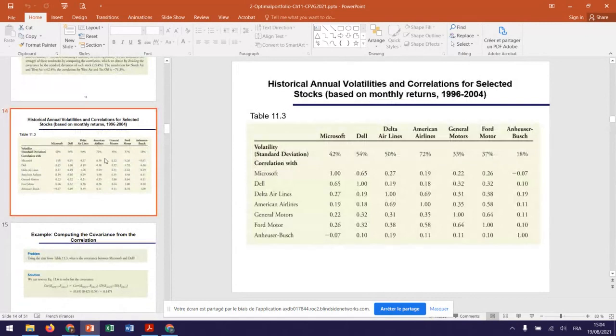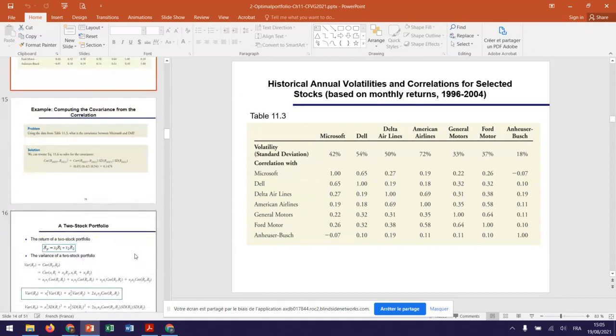As you can see, the correlation between Microsoft and Dell is 0.65. Dell and Delta is 0.19. So therefore, portfolio number 2, where you combine Dell and Delta Airlines, where they have less correlation, should get more diversification benefits, meaning that your portfolio should have lower volatility than the portfolio of Microsoft and Dell, where the correlation is higher.